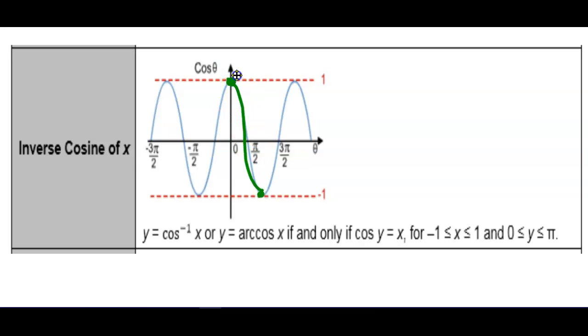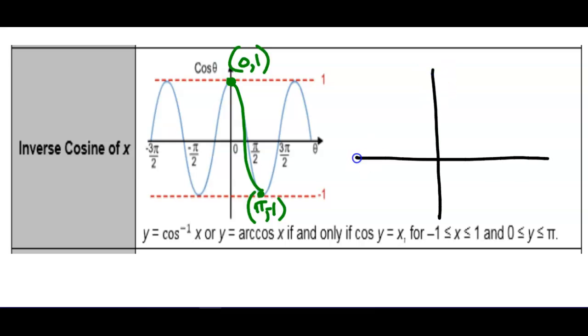So the ordered pair here was across 0 and up 1. And over here, this was over pi and down at -1. So when we do an inverse of that, you have over 0 and up 1. I'm sorry, we're doing the inverse, so it's over 1 and up 0. And then we had pi, -1.